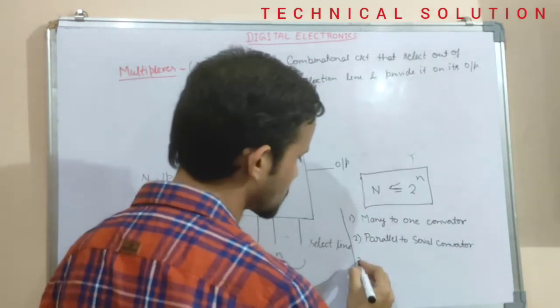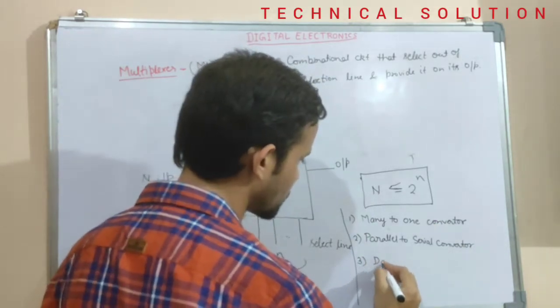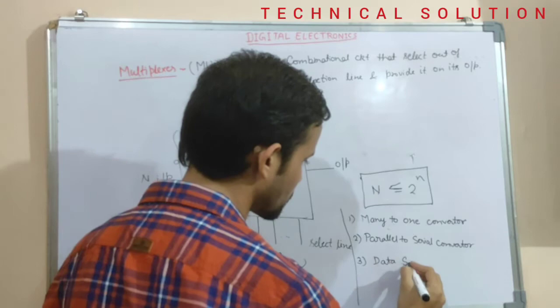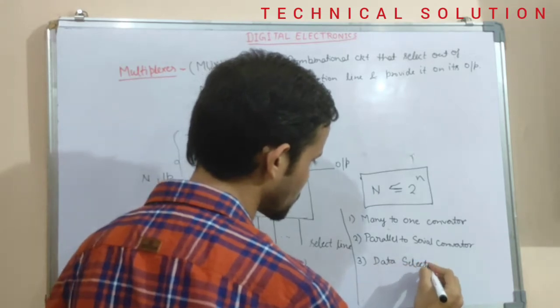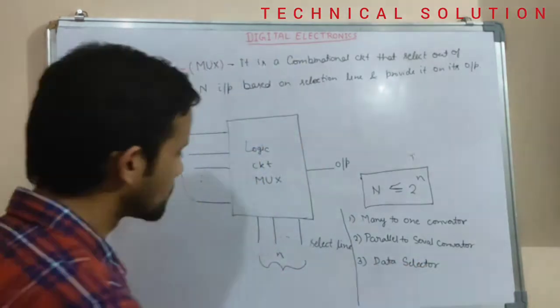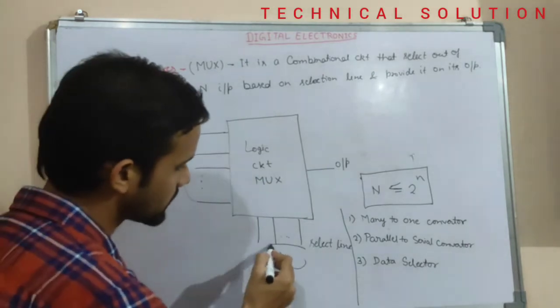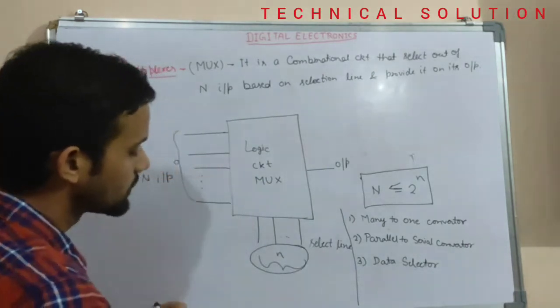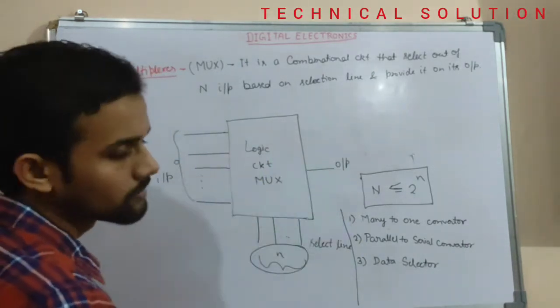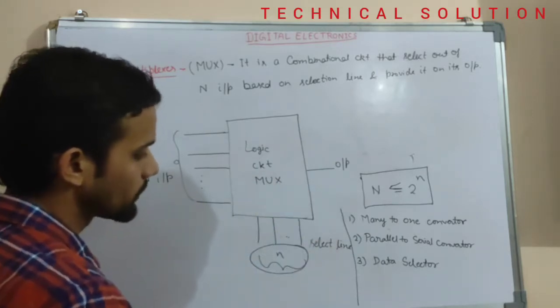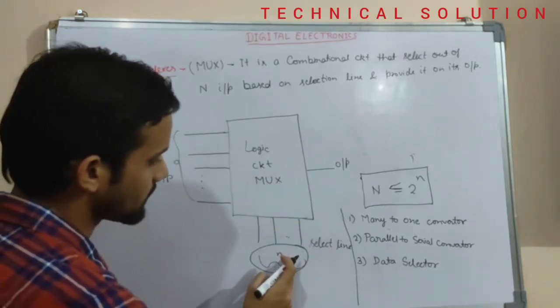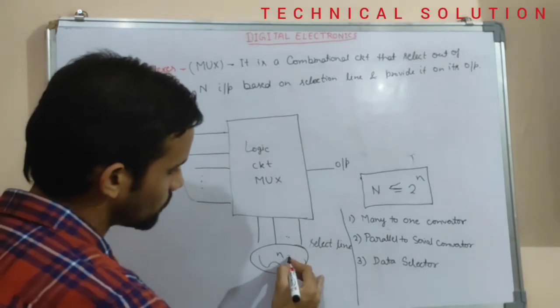This multiplexer is also known as a data selector. Based on this selection line, the input is passed towards the output.